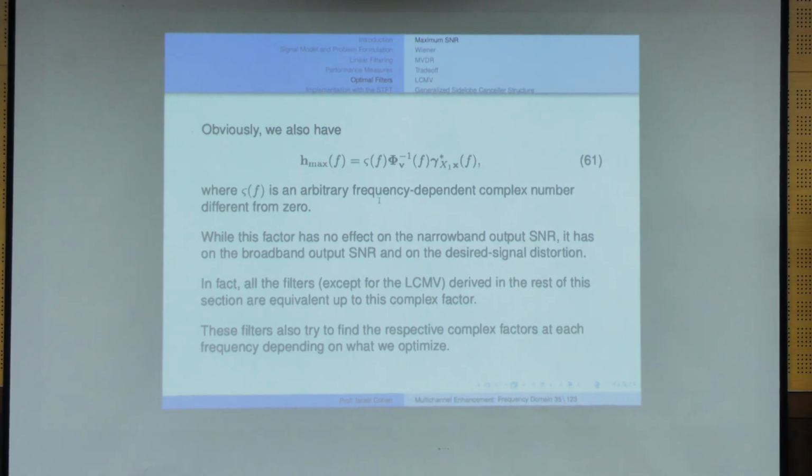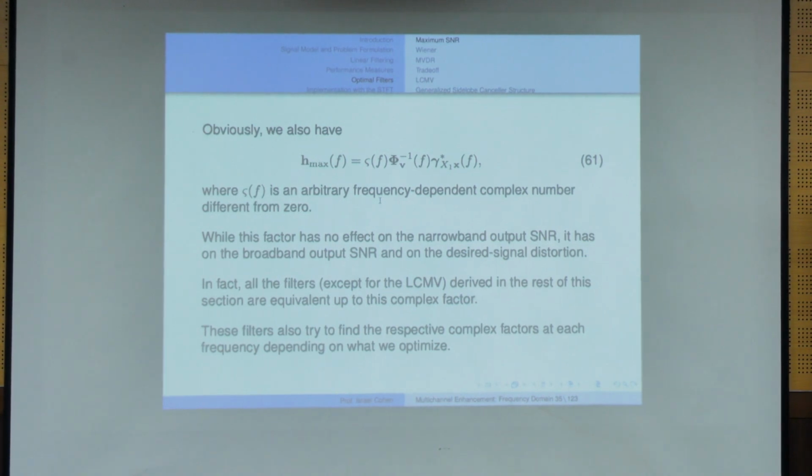Okay? If you rehearse the material of the single channel, you remember that with single channel signal enhancement, we worked with a gain for each frequency. And then with a gain for each frequency, the output SNR was the same as the input SNR for all the filters.